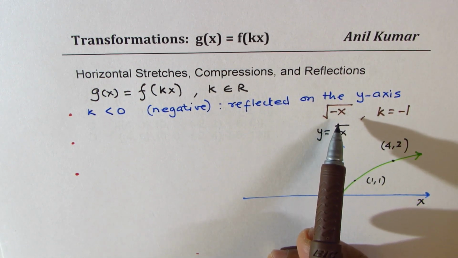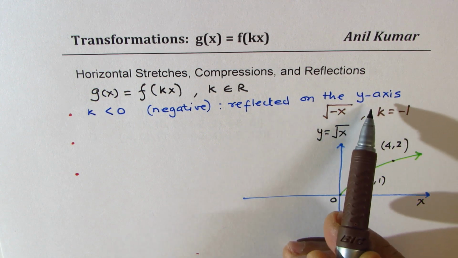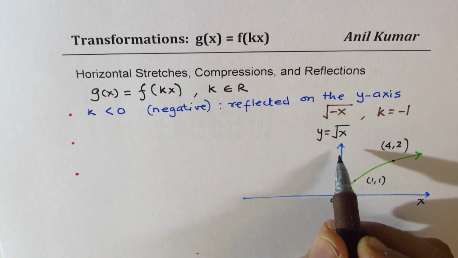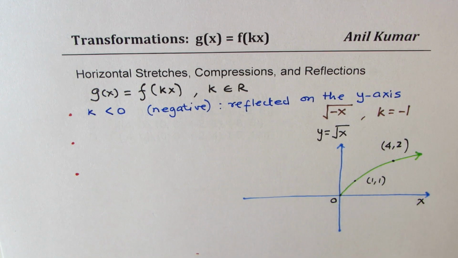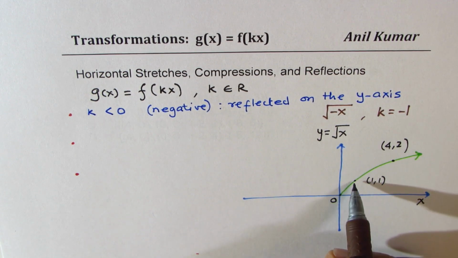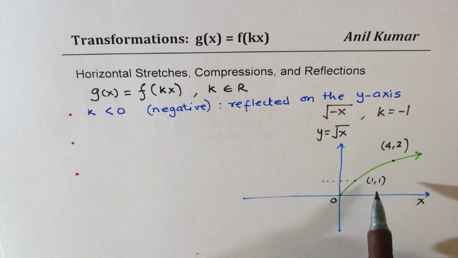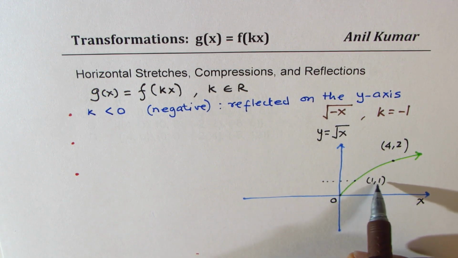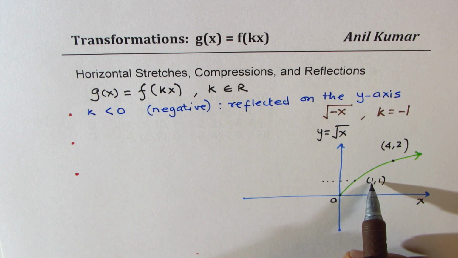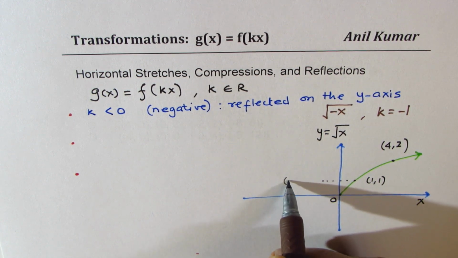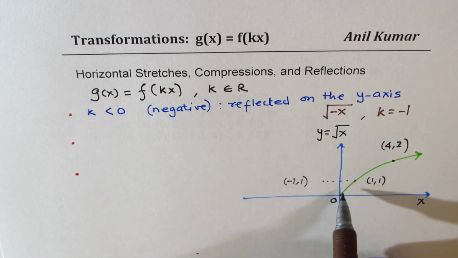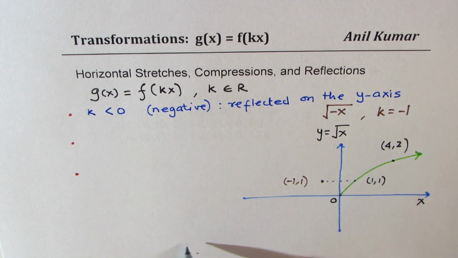In that case, the graph is reflected on the y-axis. Each point will now be reflected on this axis. So the coordinates of the point will now be not 1, 1, but the x value becomes negative. It will be negative 1, 1, correct? So we get a point here which is negative 1, 1.